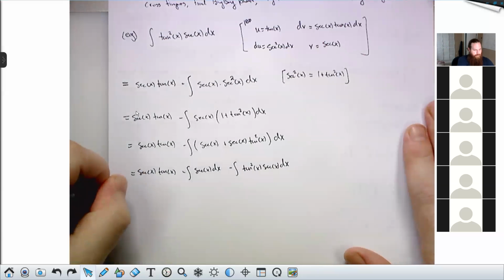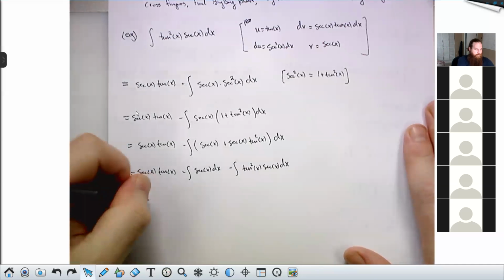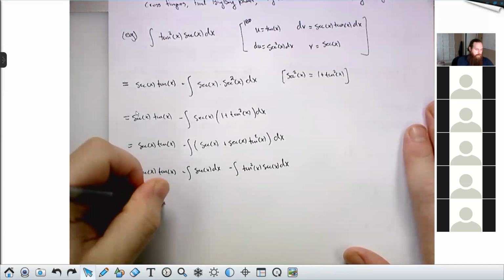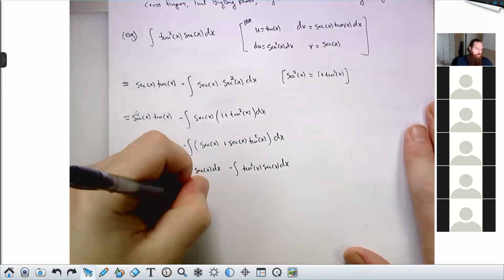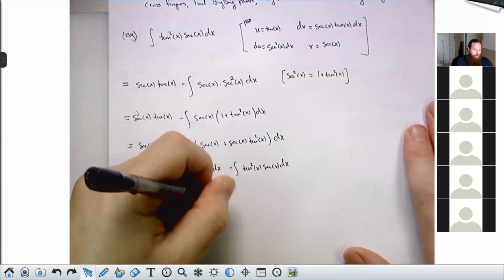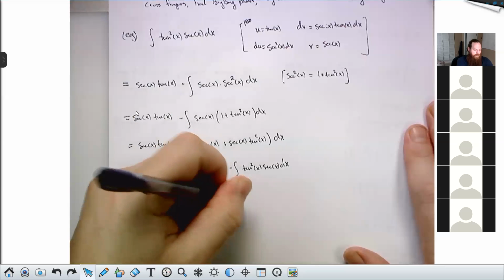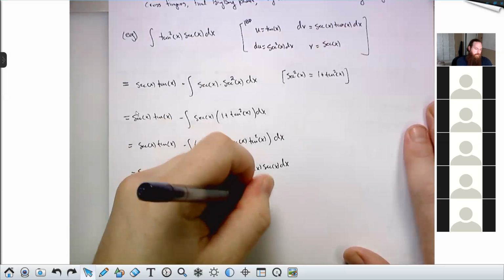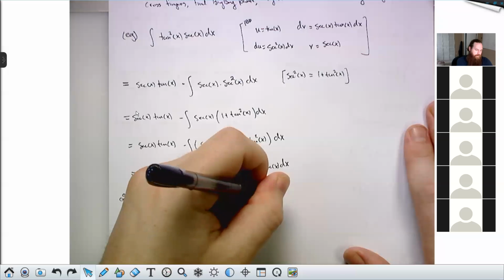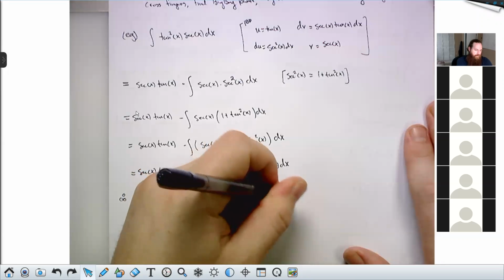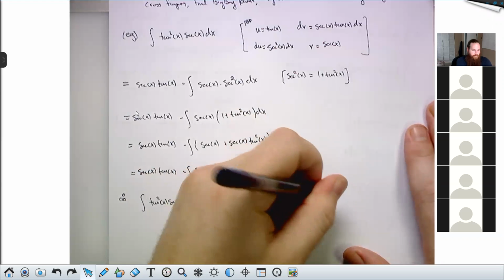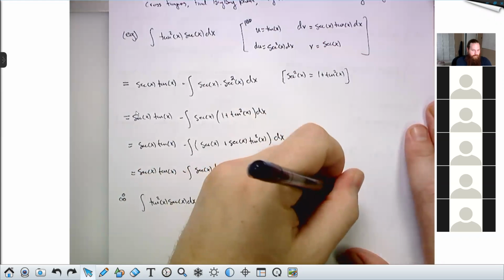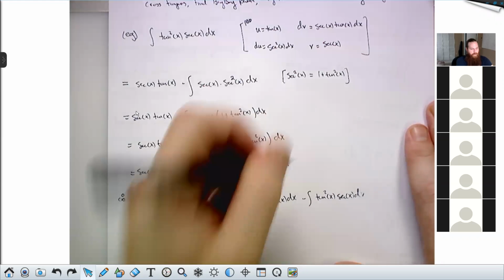So I like to write the result in a single line. Integral tan squared x times secant x dx is equal to secant x tangent x minus the integral of secant x dx minus the integral of tan squared x times secant x dx.